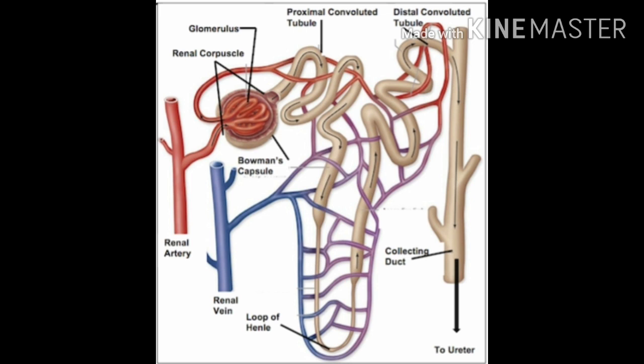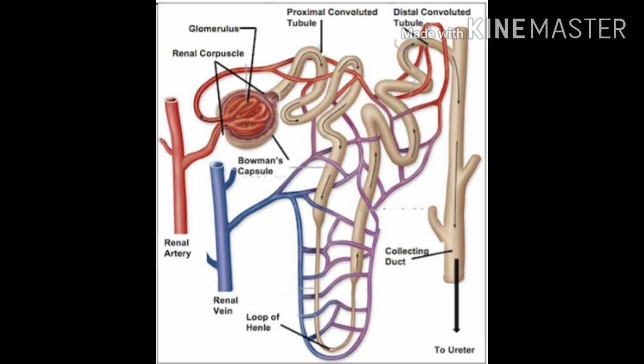One is Bowman's capsule, the two-layered cup-like structure, and inside it there is bed of capillaries which is known as glomerulus. So what are the two parts of the Malpighian or renal corpuscle? Bowman's capsule and glomerulus. Glomerulus is nothing but network of small capillaries. It looks like ball of threads. That's why the name glomerulus.